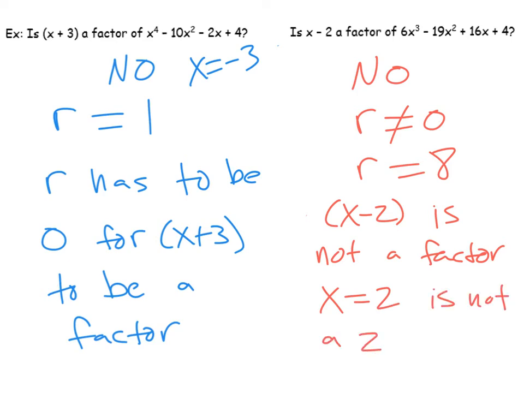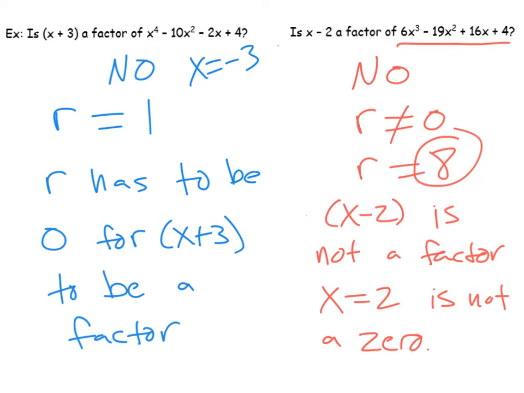In fact, it even tells you a little bit more than that. Not only is 2 not a 0, right? Because if it was, I plug it into this and I get 0. If you were to plug it in there, I can tell you, you would get 8, not 0.